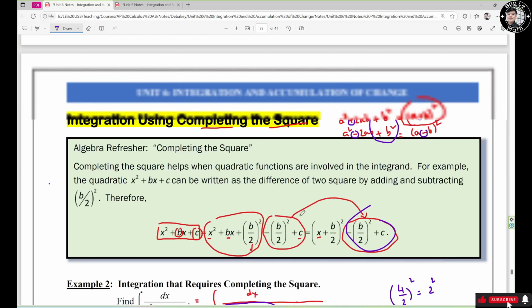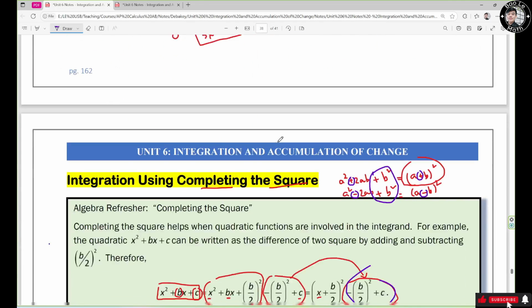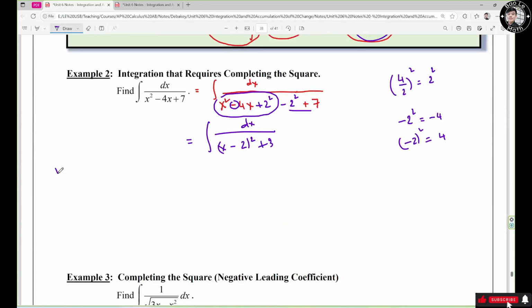Now I'm going to apply the formula right here. I'm going to let u be s minus 2. Then I have du equals ds. Now a squared equals 3, then a equals square root of 3.